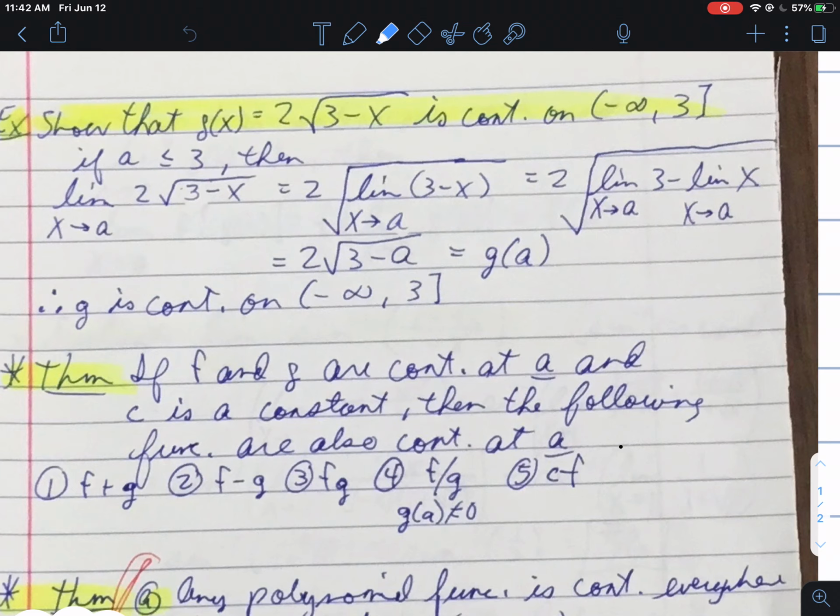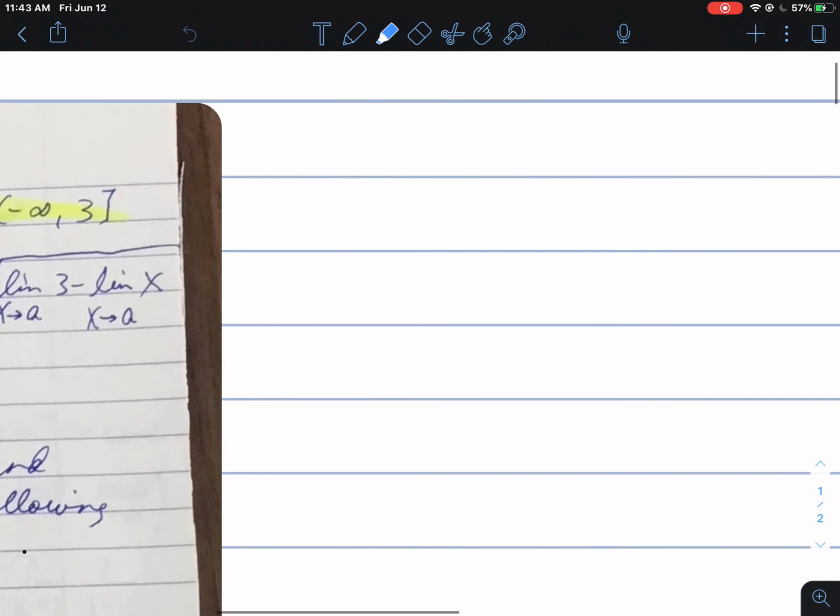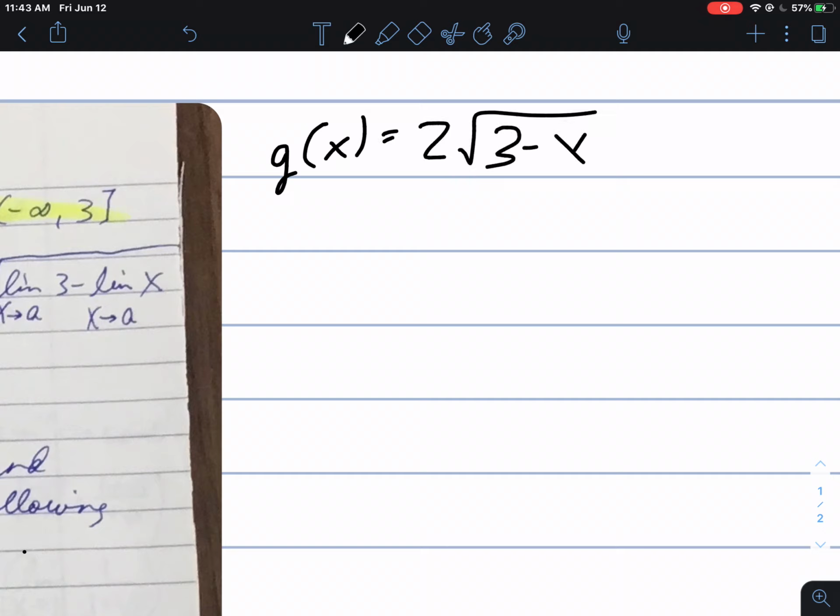So we always start for continuity with the first requirement: the function has to be defined at every point in the interval. So for the interval from negative infinity to 3, if I look at that function, 2 times the square root of 3 minus x, let me go over here and remind us, here's another quick algebra review. What's the domain of that function?